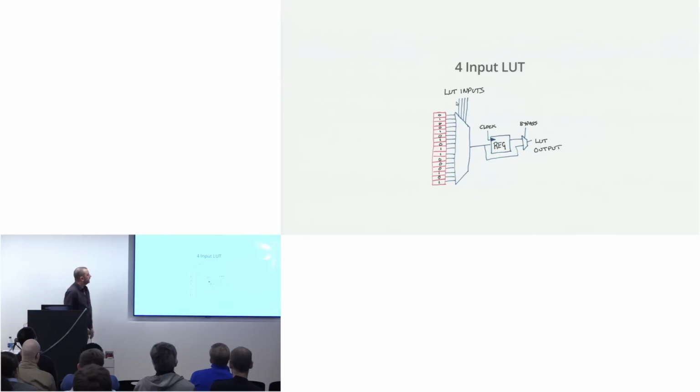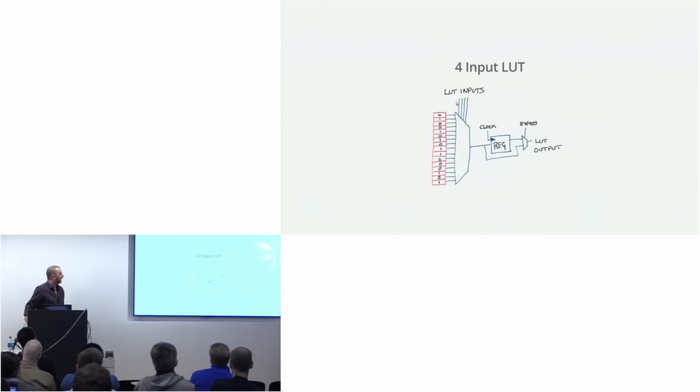So within each of these LUTs, we have basically this red thing here, which are 16 static RAM cells. And the values in those cells are set up at FPGA load time, and they can be basically anything.